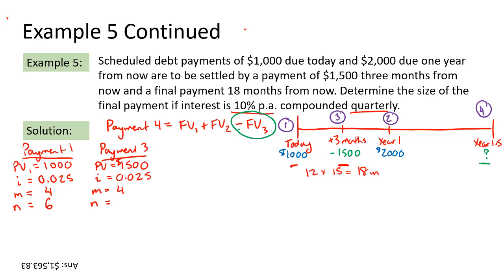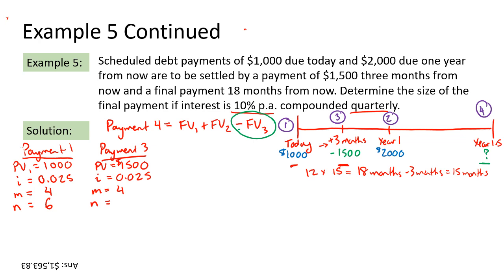That means it's 18 months away. And since we're 3 months into the future, we subtract 3 months off. So that means we're actually going 15 months in the future for this payment number 3.